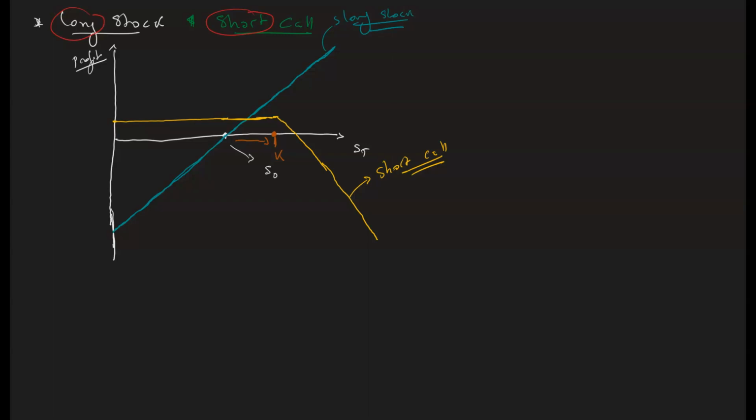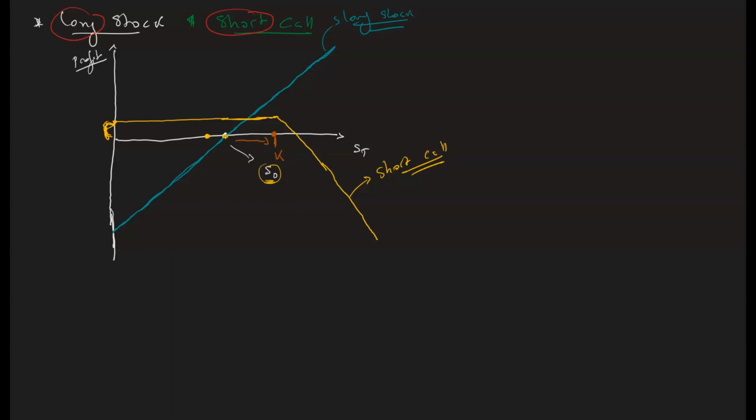Now, because I sold the call option, the amount of money that I'm receiving for the call option, which is this amount of money here, essentially reduces the amount of money that I paid for the stock itself, right? So it reduces the amount of money that I paid for the stock by the same amount. So in effect, really what I did is I didn't quite pay for the stock at S0 here. I paid for the stock as S0 minus what I received for the call option.